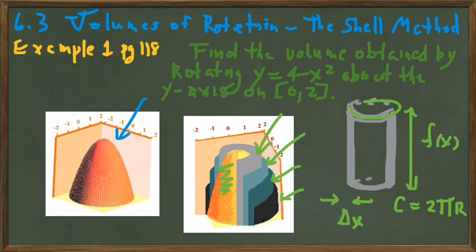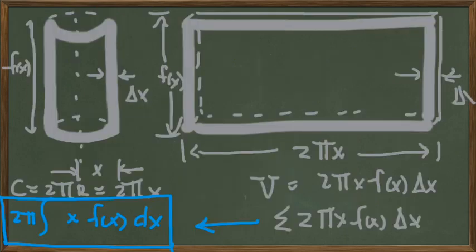And we compute the volume of each shell by cutting it and spreading it out flat, and getting a volume of each one that looks like this, and then turning it into an integral form with the delta x turning into a dx.